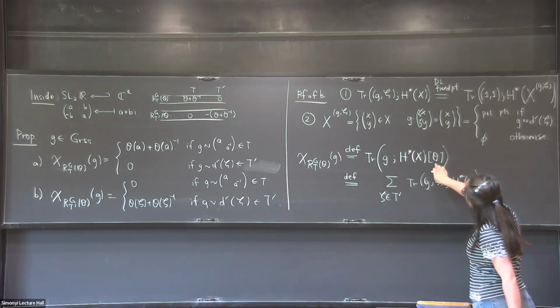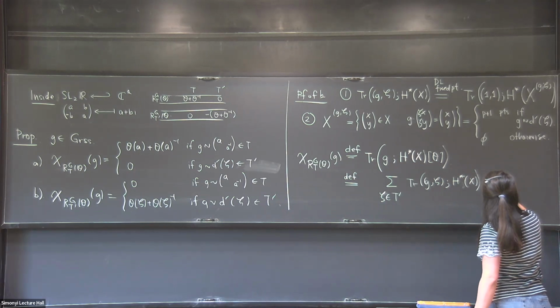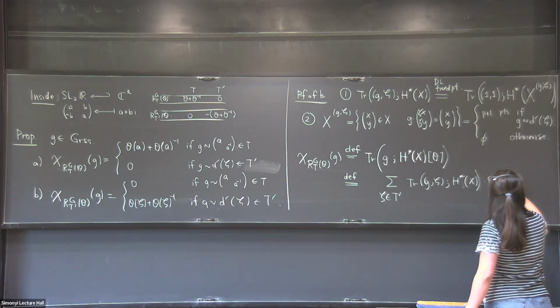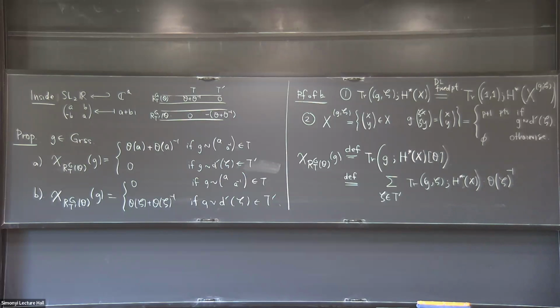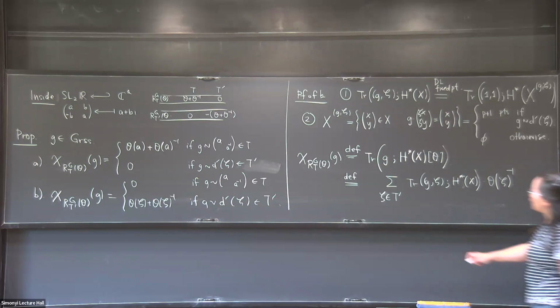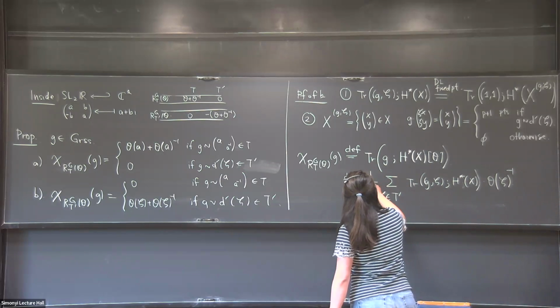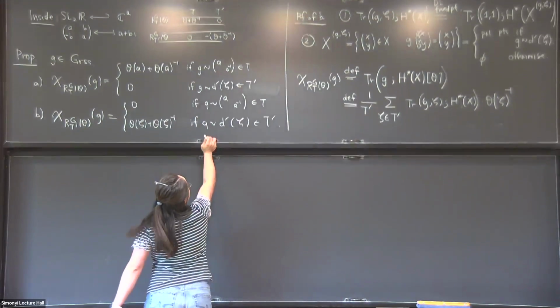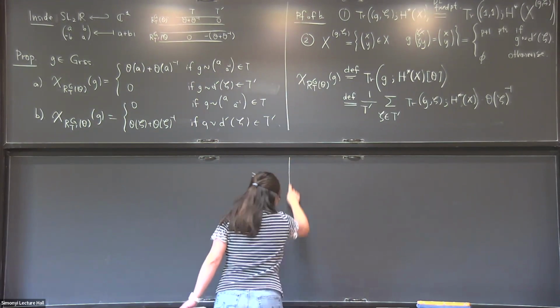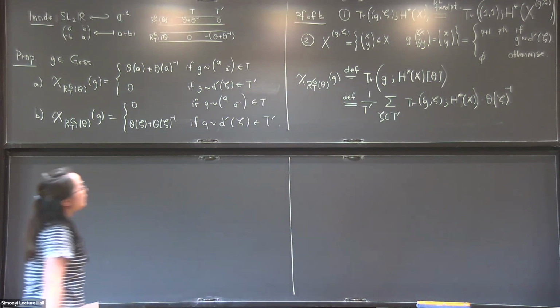But I want to pick out the theta part. So I need to make sure that my zeta is always going to be acting by multiplication here. And so that's the definition. This is a standard kind of thing in representation theory. This is called some kind of projection. You can take it as definition and you can verify it for yourself later.